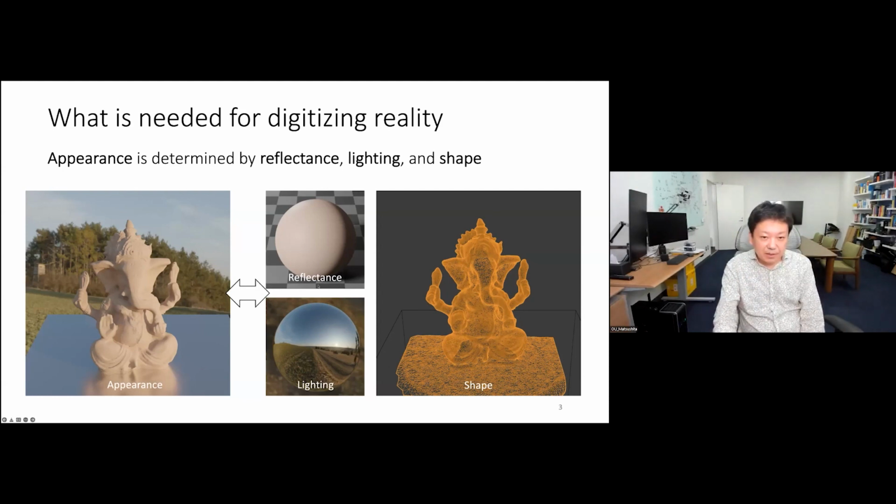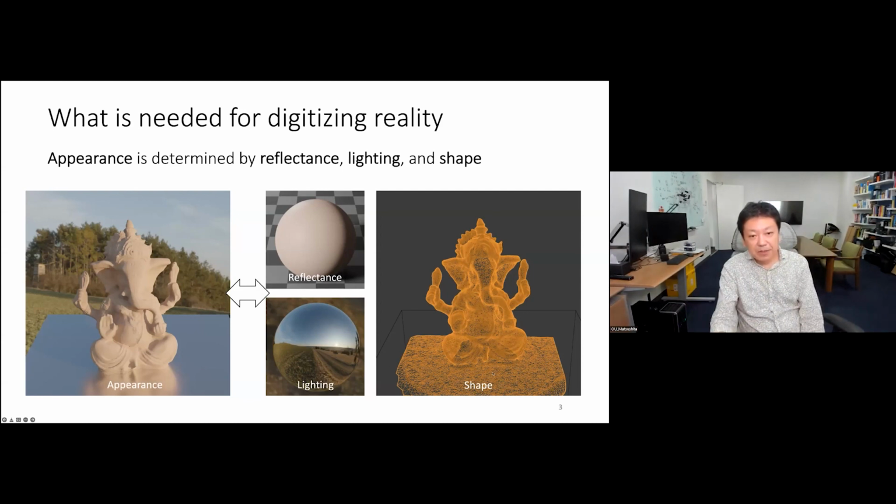Reflectance, or object's material, which describes how well incident light is reflected. And incoming light, determined by the surrounding environment of the object, and also the 3D shape of the object.